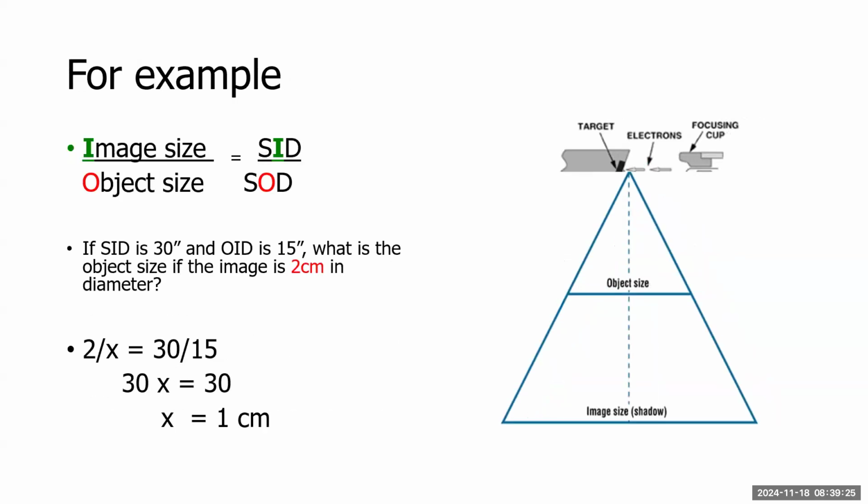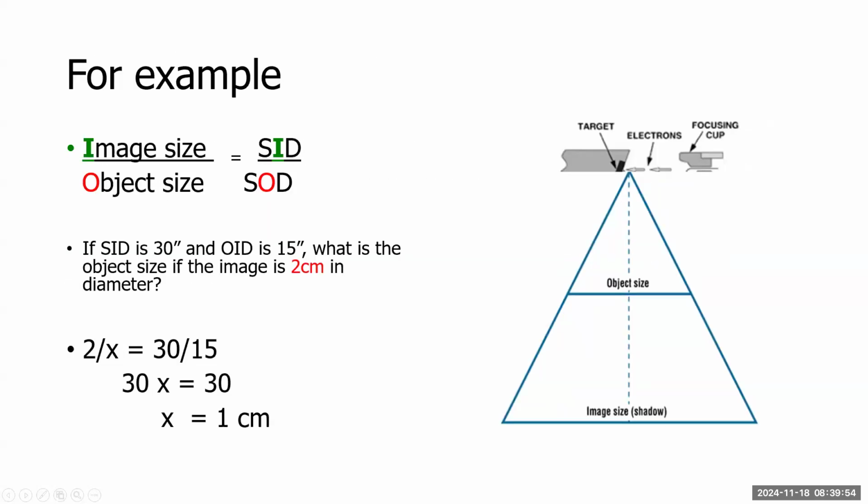So for example, if we put the image size over the object size in a ratio that equals the SID over the SOD, we can calculate any of these if we have 3 out of the 4. So if the SID is 30 and the OID is 15, what is the object size if the image is 2 centimeters in diameter? We're simply going to plug in what we're given.